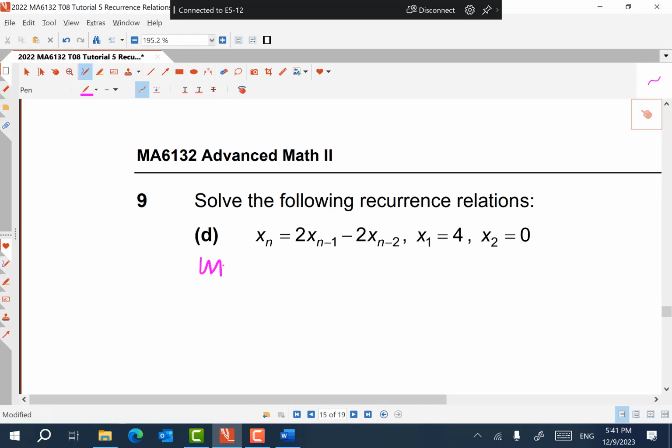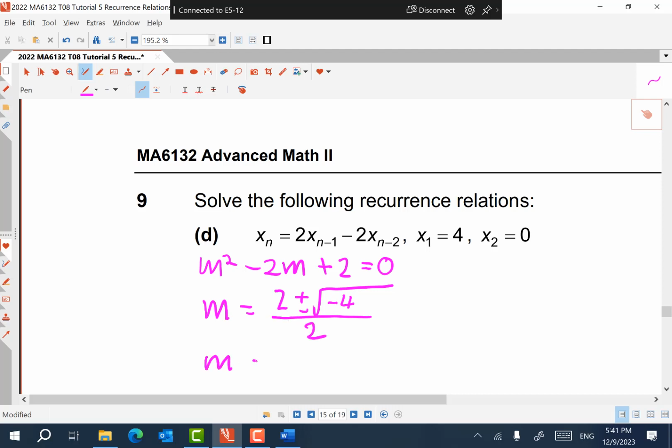It's going to be m squared minus 2m plus 2 equals 0. m is equal to, using b squared minus 4ac, you get 1 plus minus i.